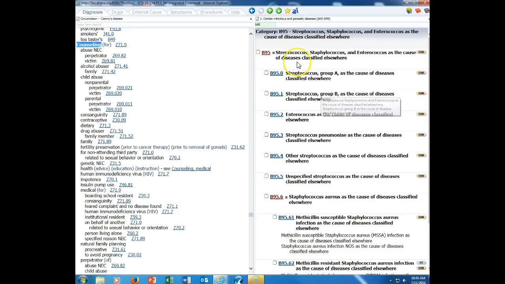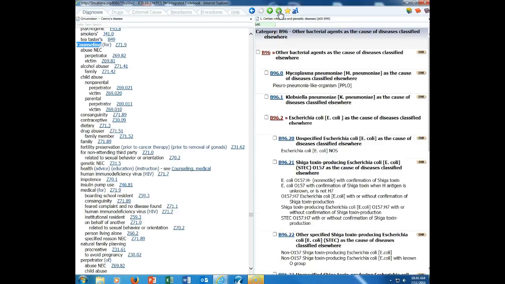If we go into these categories, clearly this category says as cause of disease classified elsewhere, and it lists all the staph, strep, and enterococcal conditions. If we go down to B96, again, bacterial agents as a cause of disease classified elsewhere. This is where we find Klebsiella pneumoniae, E. coli.